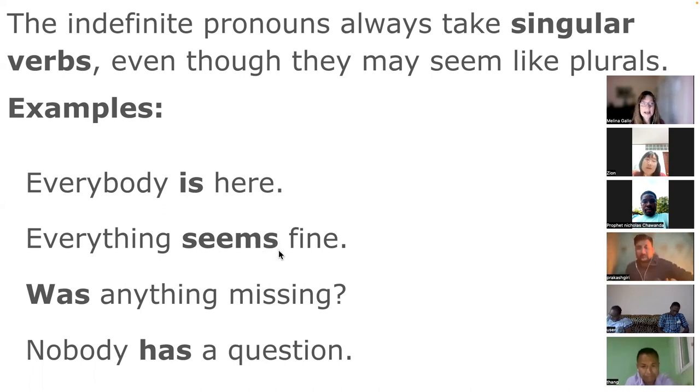So we use that third person singular S at the end of the word in the present tense. Everything seems fine. Was anything missing? Nobody has a question. So the singular form of the verb, not the plural form of the verb, is always used with these. So that's a good rule for your students to know.